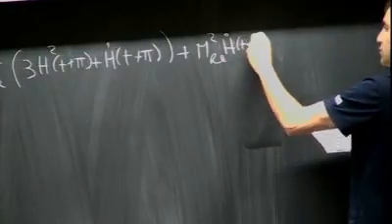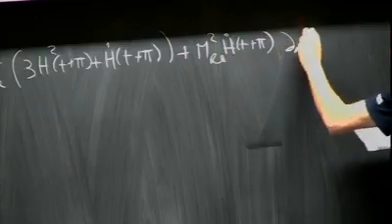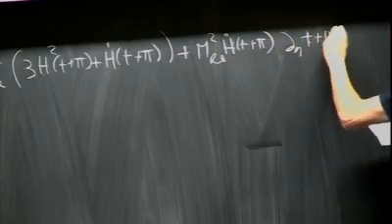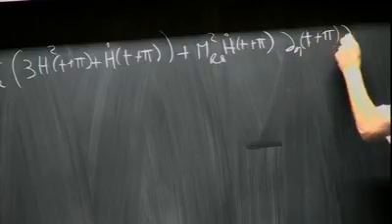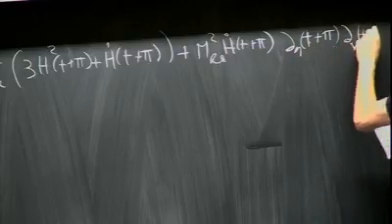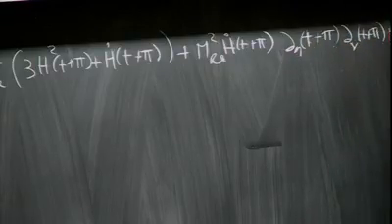So H, remember, is a function of time in general. Then I get d mu of t plus pi times d nu of t plus pi g mu nu.